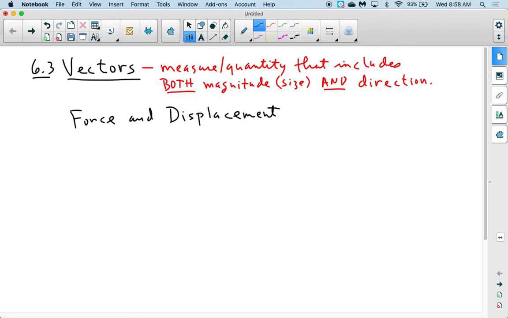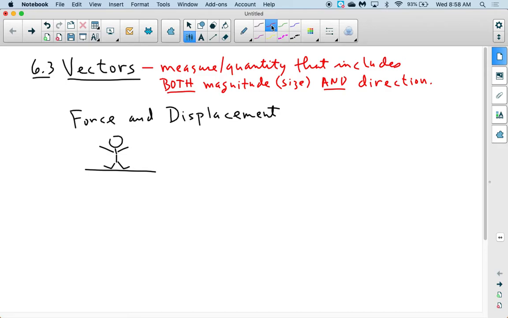When we talk about a force, one example would be weight. If we talk about a person's weight, what we mean is the magnitude and the direction of the force of gravity acting on the person.